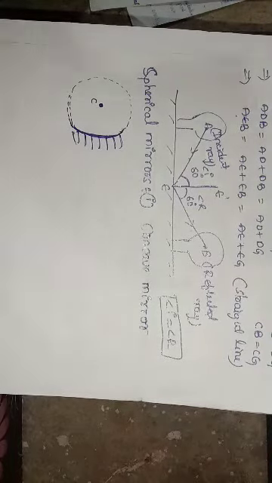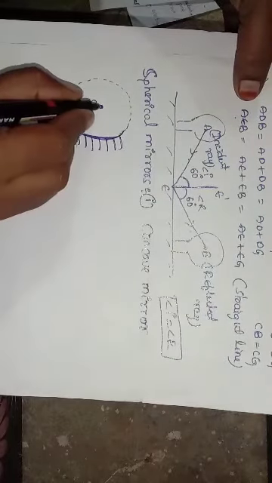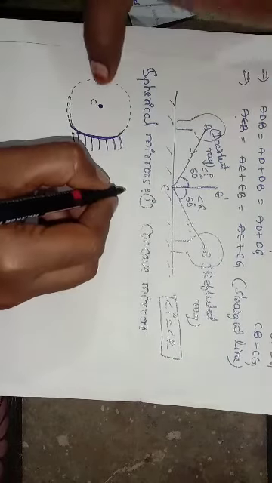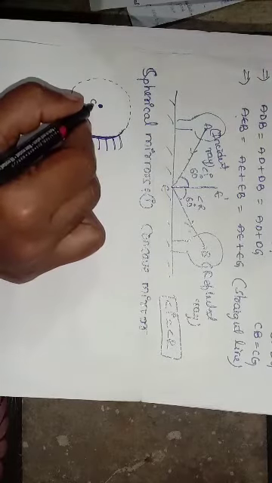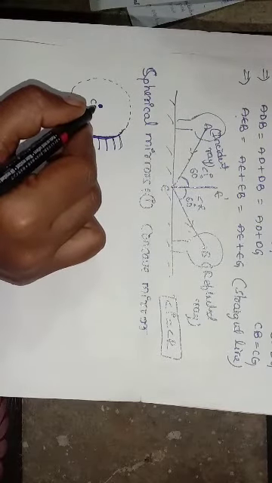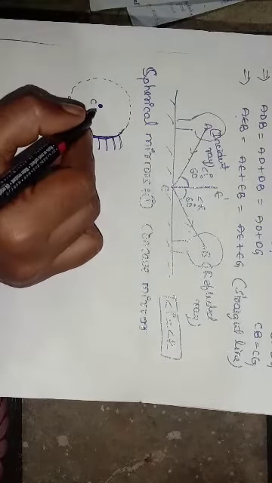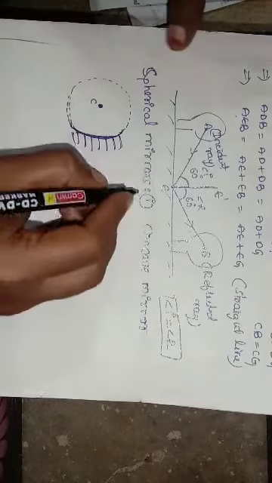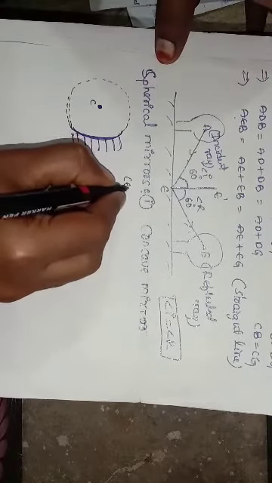So what is center of curvature? Center of curvature is indicated by C. I am writing here only the alphabets in the figure, and the remaining terms I am defining here.